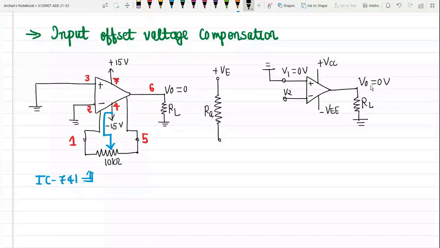Then we will use one wiper over here. Let us say this is terminal T. Then there is one more resistance connected, and that is to be connected to the non-inverting terminal. And we will have one more resistance connected to ground. Let us say this resistance be RC and this resistance be RB.